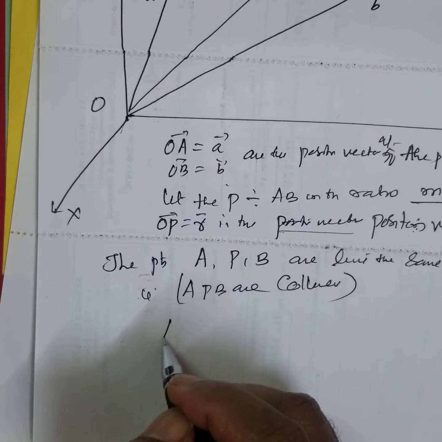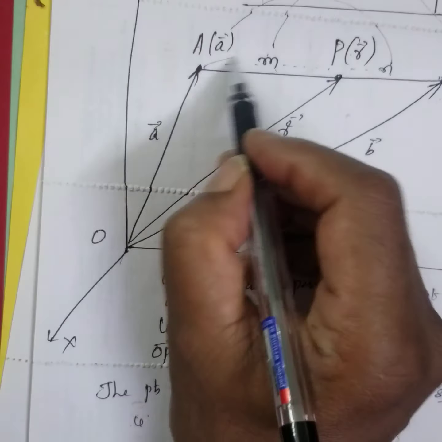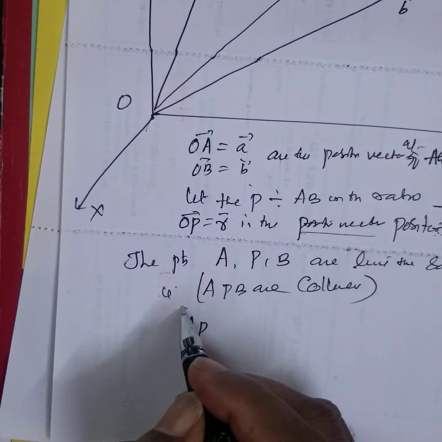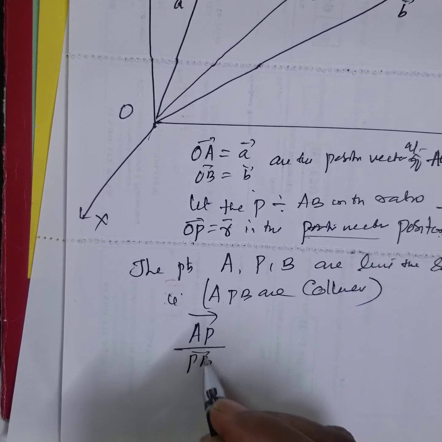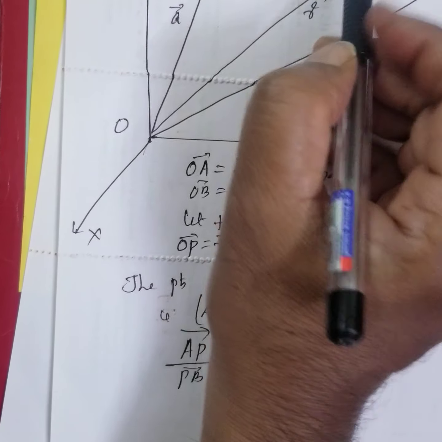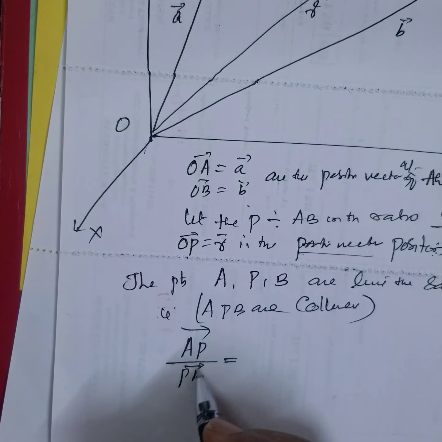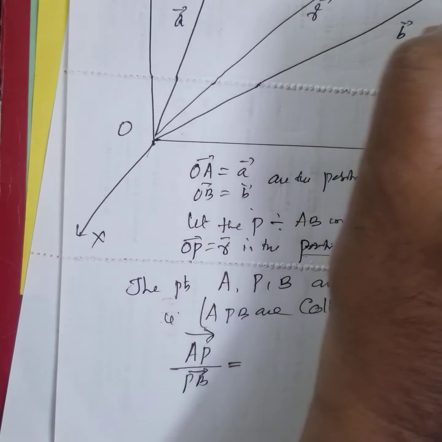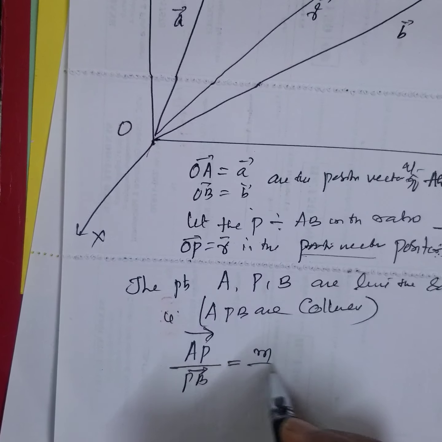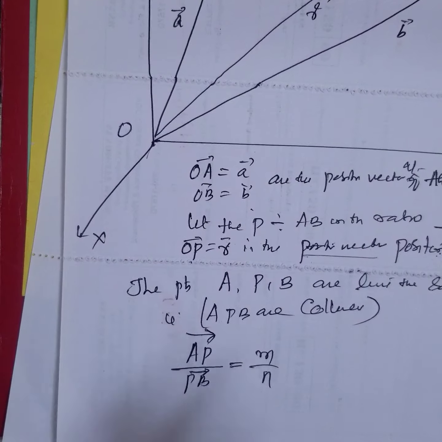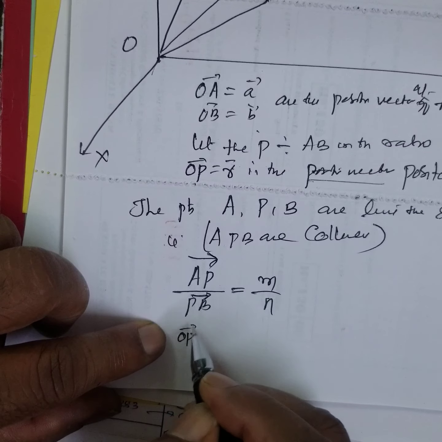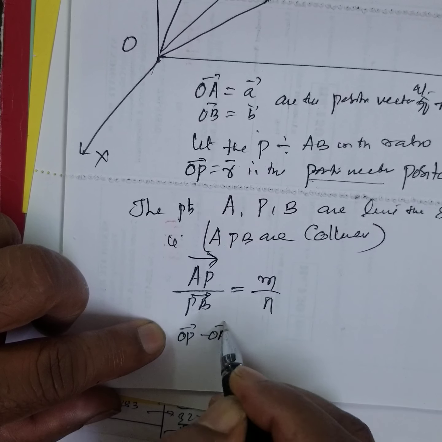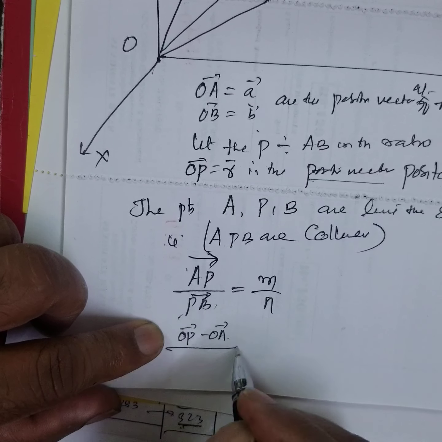Therefore AP by PB is a vector ratio, and AP by PB is equal to M is to N. Then what is AP? AP is the position vector of P minus the position vector of A, that is OP minus OA.